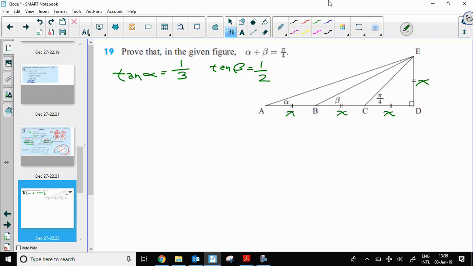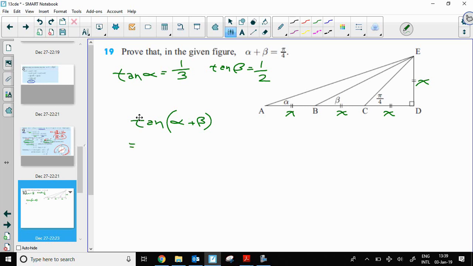Well, the only thing I could think of doing here is not actually answering what alpha plus beta is, but thinking about what the tangent of alpha plus beta is. Since we know what alpha and beta are, we can use our compound angle formula for tangent to figure out what this is.